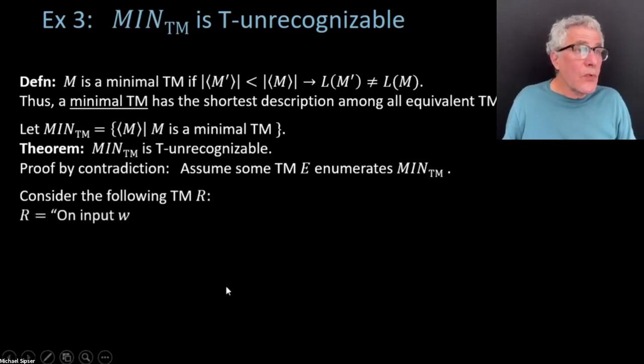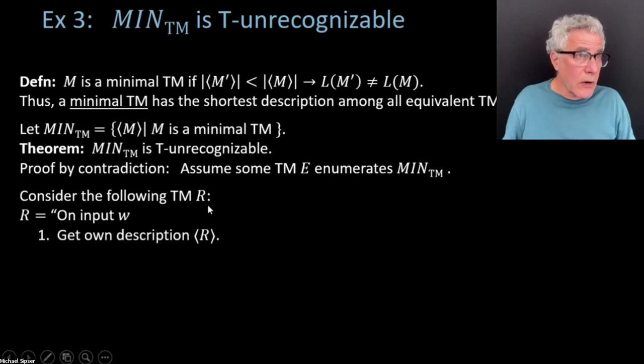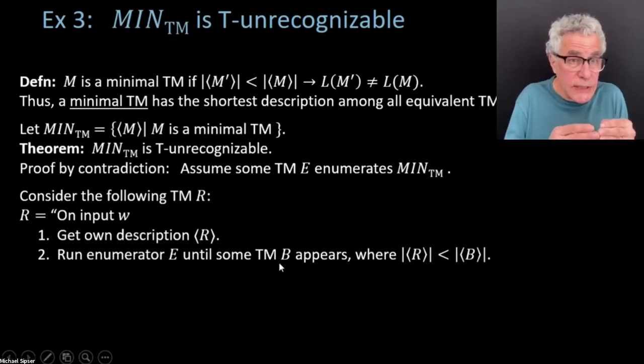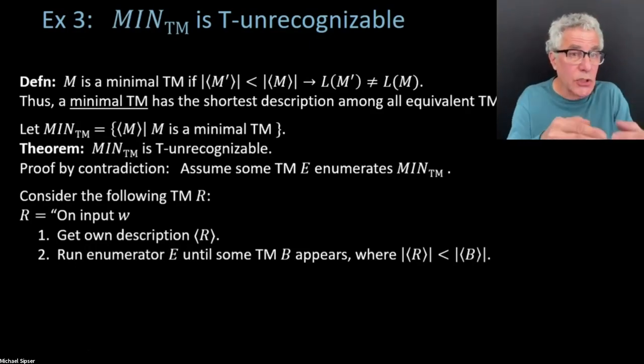We're going to build this Turing machine R, which gets its own description. Then it starts the enumerator. It's not looking at the strings this enumerator produces as such. The enumerator is producing these minimal Turing machines, one after the next, and you keep looking at those until you find one of them which is bigger than yourself.